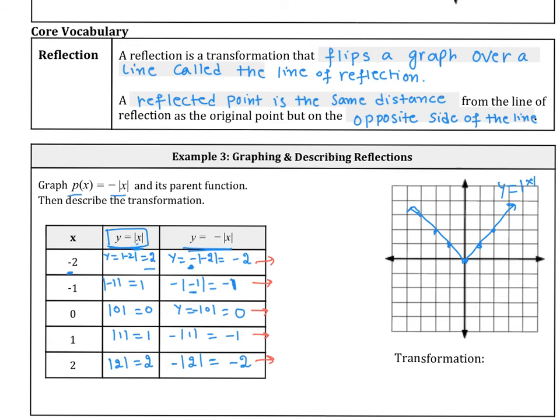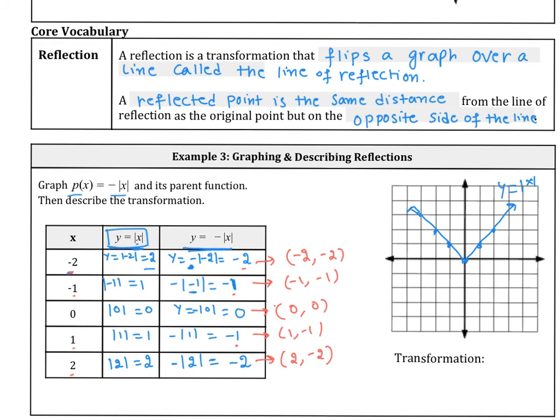Now I'm going to use the red color for the negative absolute value of x. So the points for this one: x value is -2, y value is -2; x value is -1, y is -1; 0, 0; x is 1, y is -1; x is 2, y is -2.